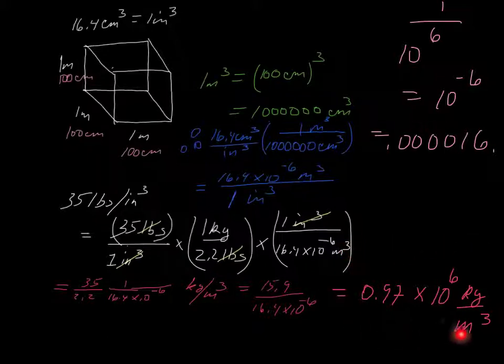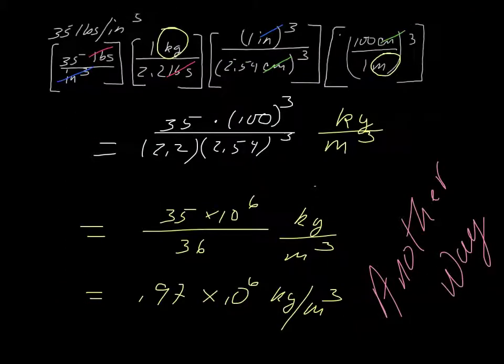So you end up with 0.97 times 10 to the 6 kilograms per cubic meter. And that makes sense because we started out with about 35 pounds in a cubic inch. If we get to a really big cubic meter, we're going to have a lot more mass in that, right? So this is a density unit, right? Kilograms per cubic meter. Great.